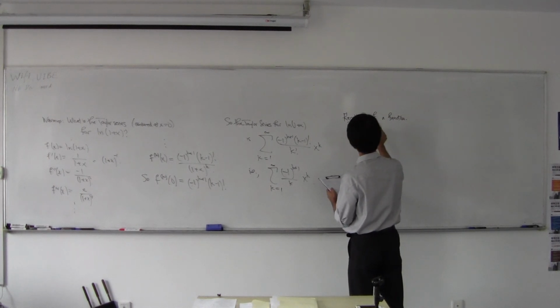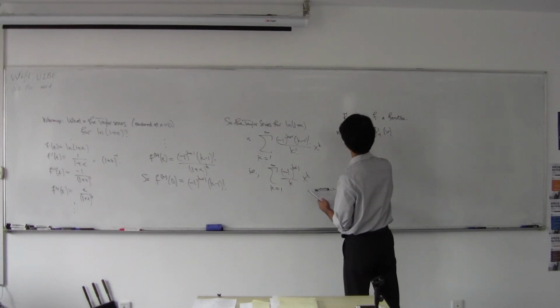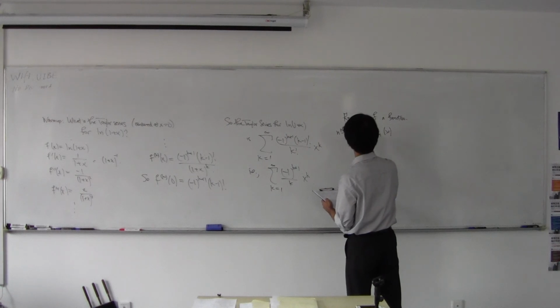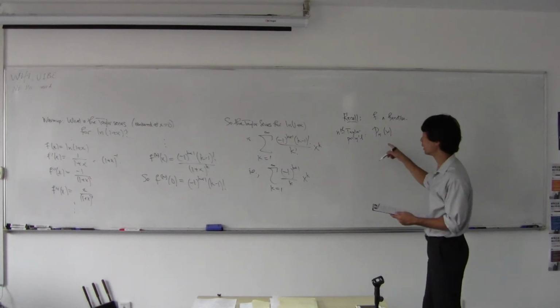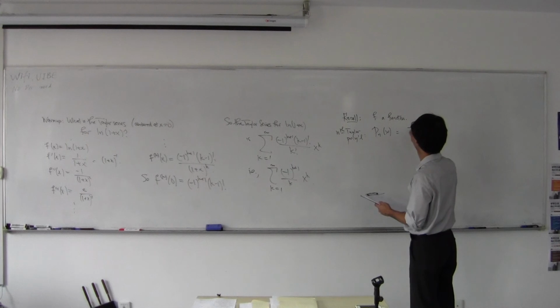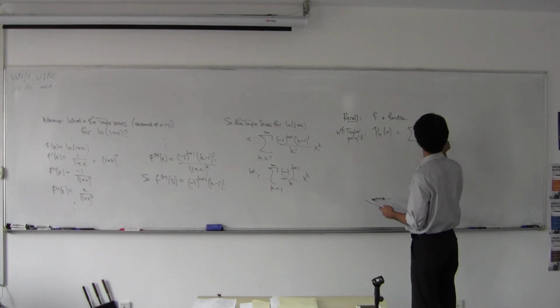We define this thing P sub n of x, the nth Taylor polynomial. The nth Taylor polynomial is going to be the sum of f^(k)(0) over k factorial x to the k from k equals 0 to n.